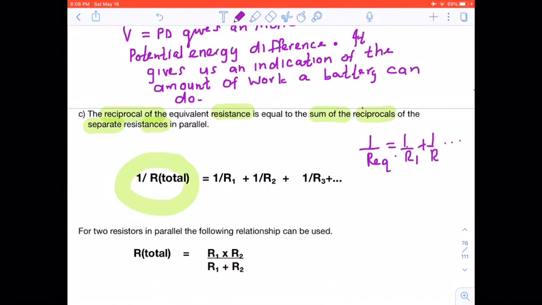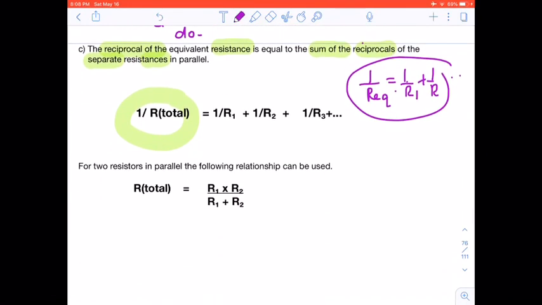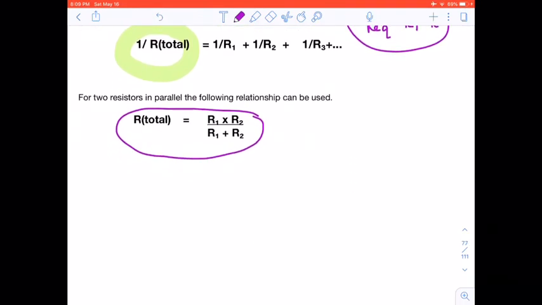So this is one way of writing it. But if we have only two resistors, it can be written as R total is equal to R1 times R2 over R1 plus R2, which means it is a product over the sum.